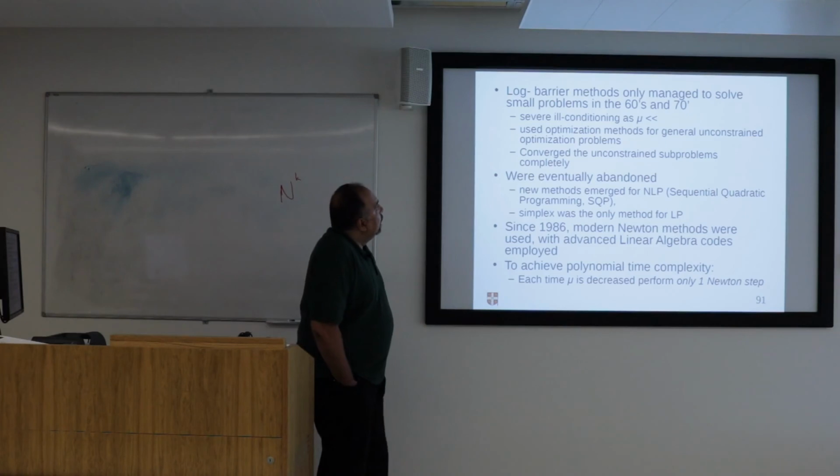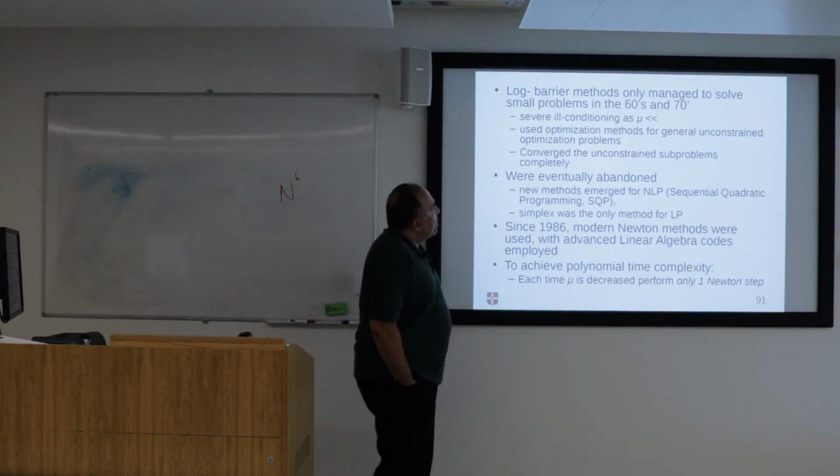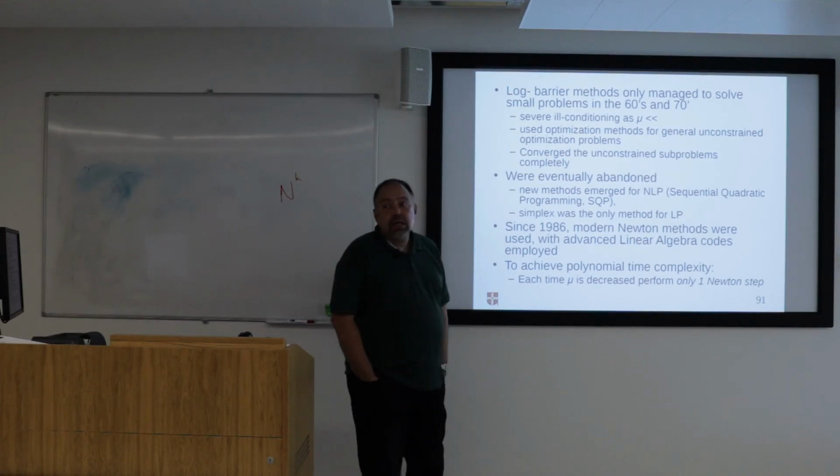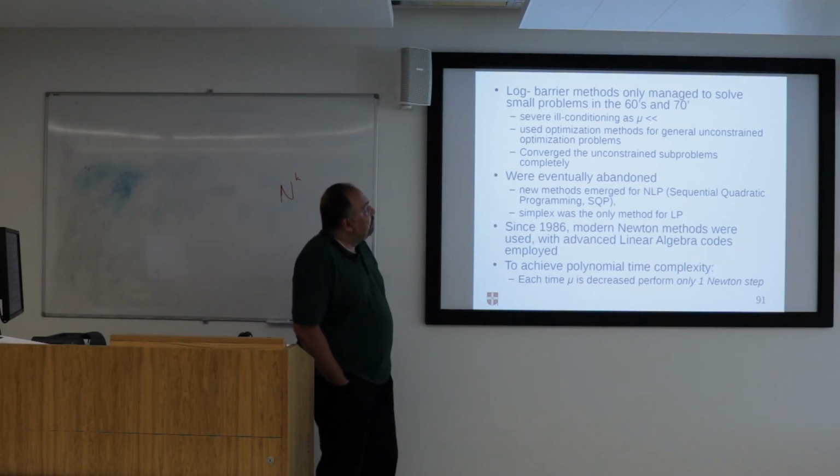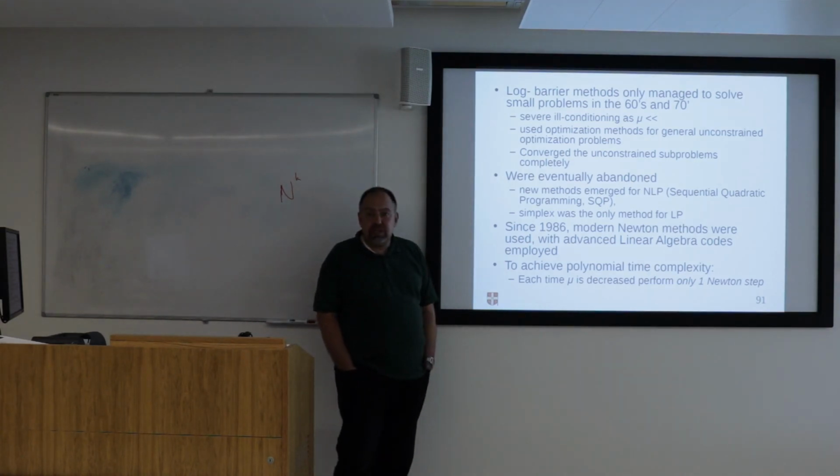Now, the issues were that log barrier methods only managed to solve small problems in the 60s and 70s, and they were abandoned basically from then on because of the severe ill conditioning as mu becomes very small.